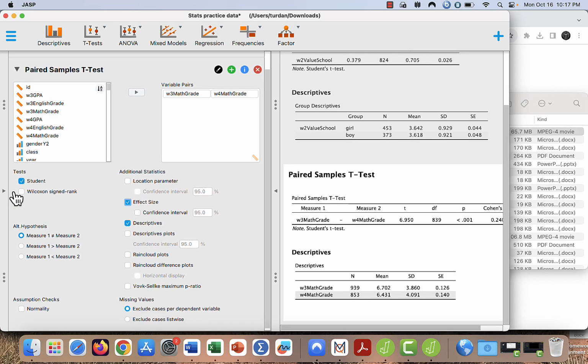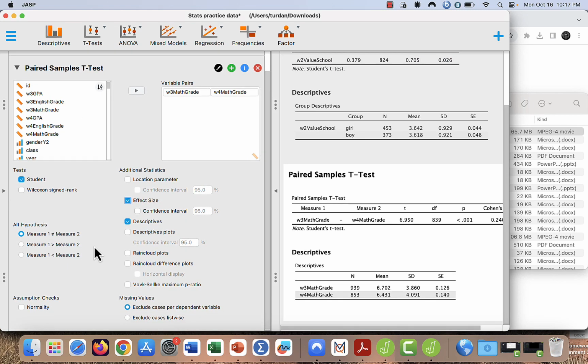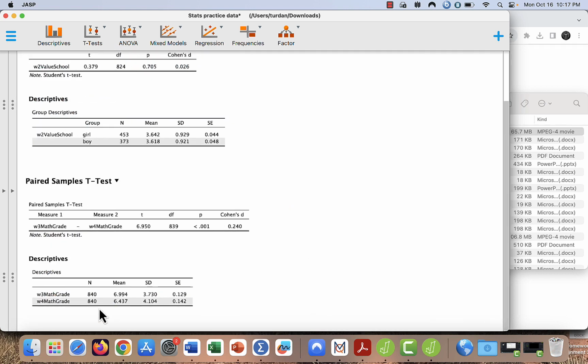So to do that, I got to go back over here, and you see where it says missing values? I have to do the missing values listwise, meaning any value that's missing at either time 1 or time 2 is going to be taken out of the sample. So when I do that, you'll see this sample size changes and becomes the same. So it's only the same cases that I had grades for at both time points.